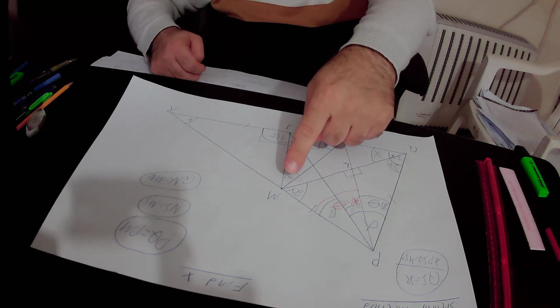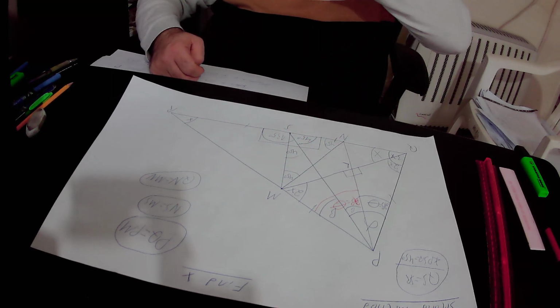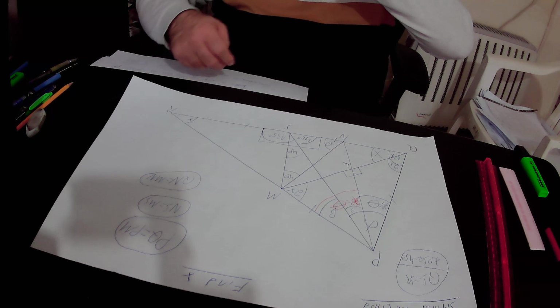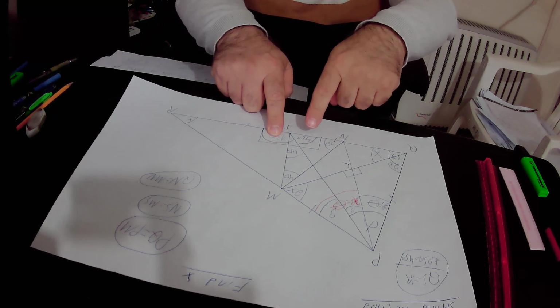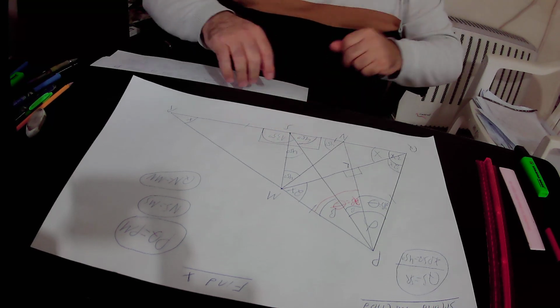We join points M and S together by a straight line. We know that the median to the base is perpendicular to the base, that is to say this angle equals 90 degrees and this angle also equals 90 degrees.